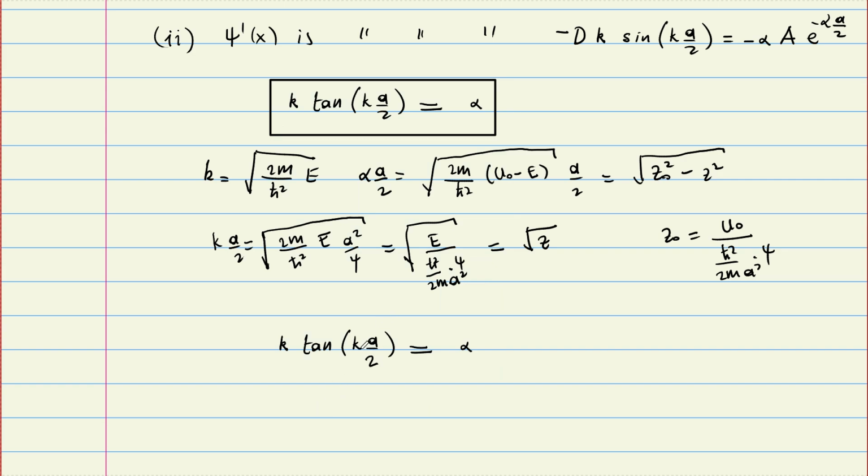So k a over 2 is z, so I can just put z there. And this is alpha divided by k, or I think let's keep it like alpha. Let's multiply this a over 2 and a over 2, but k a over 2 is z, and alpha a over 2 is root z naught squared minus z squared.